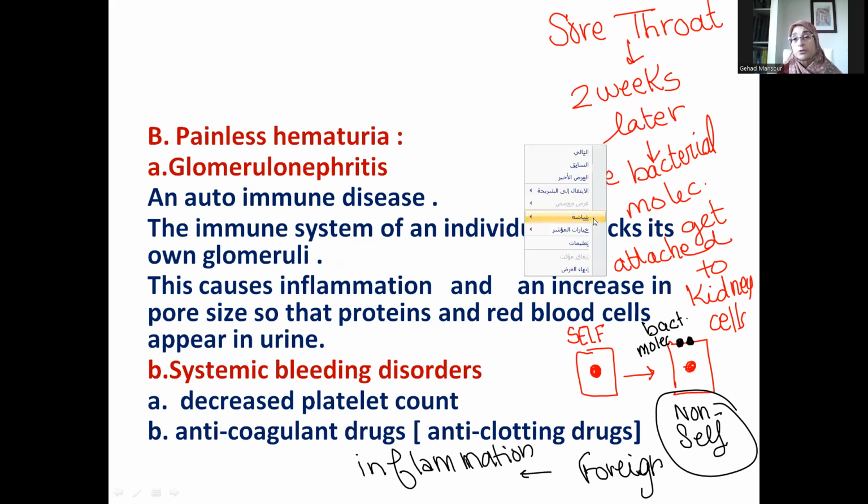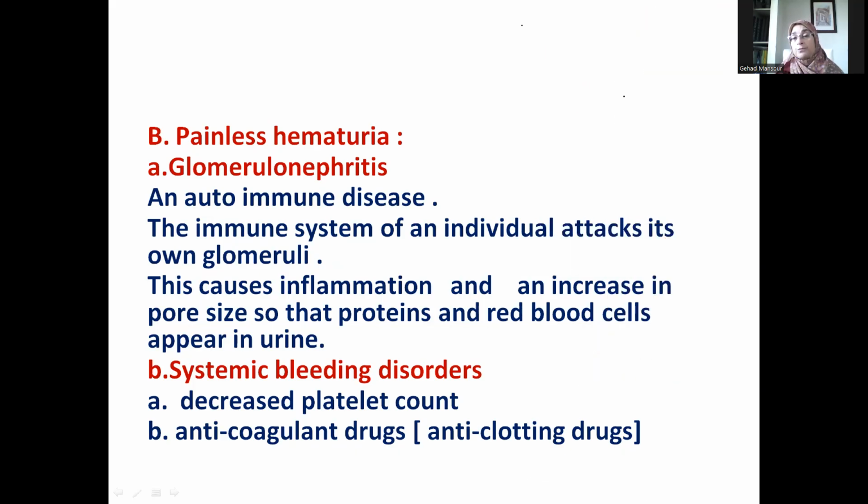The next question will be, what is the relation between that autoimmune reaction and hematuria? So this would be maybe question number 6. What's the relation between the autoimmune reaction that occurred and hematuria?